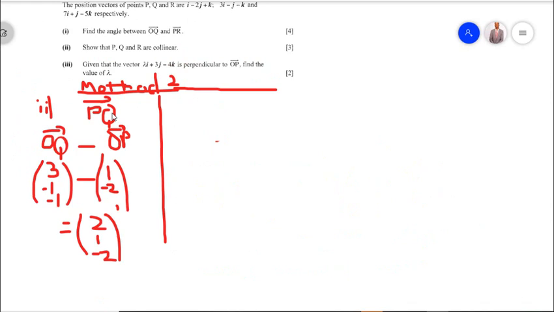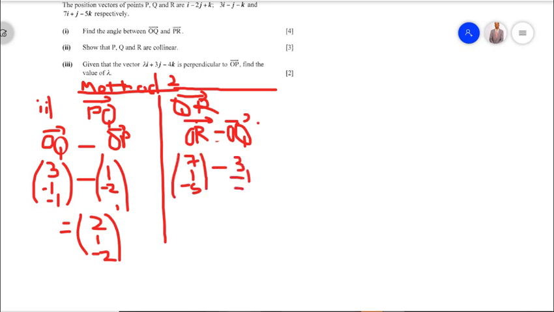And the second method, you find PQ, but PQ we have already found the vector. So you find PQ, then you find QR. Now you say OR minus OQ, which is equal to 4, 2, negative 4.